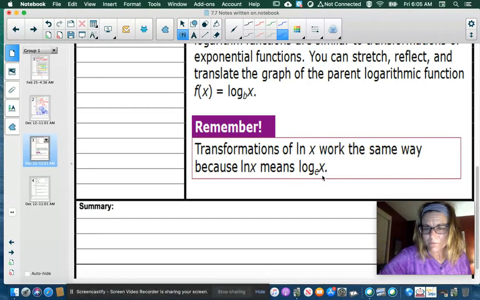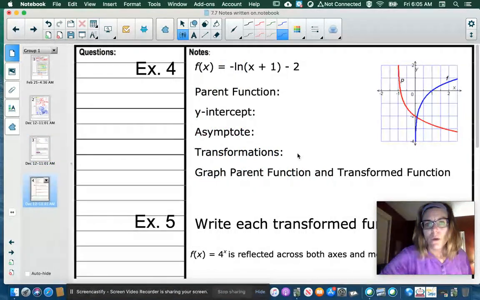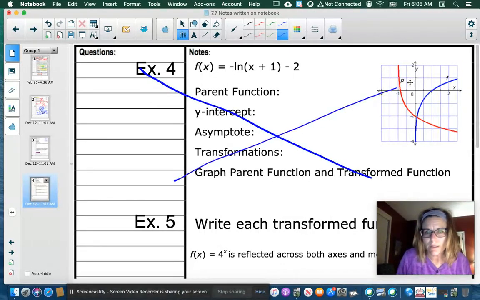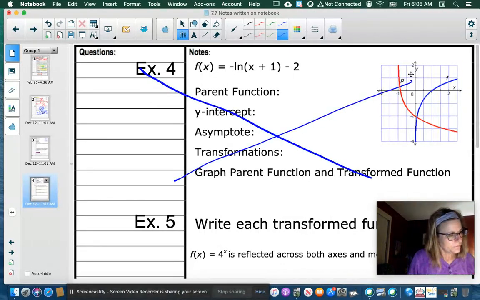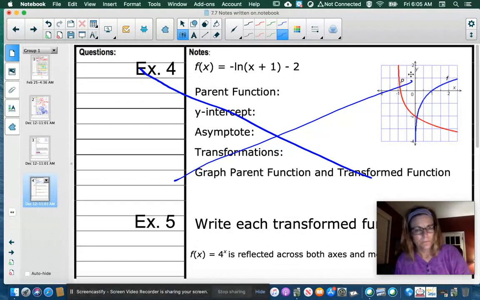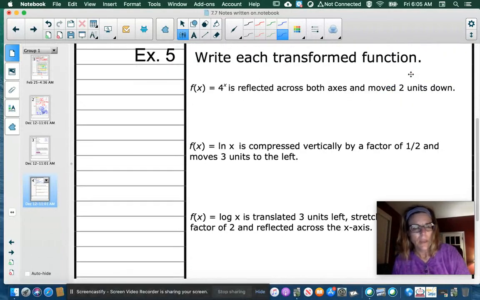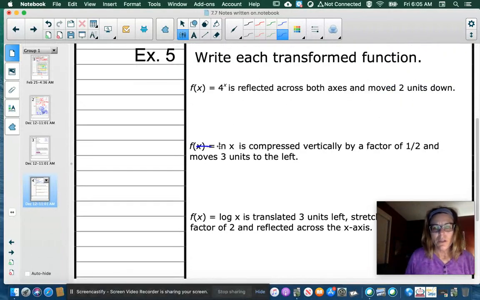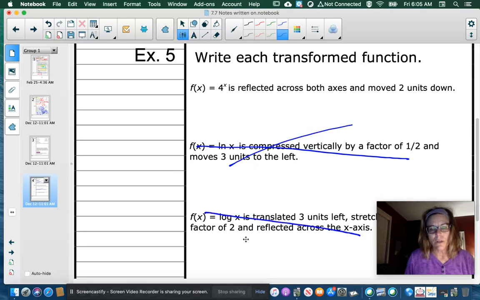However, we are not doing transformations of logs and natural logs, so you can cross that off. And on example 5, you can cross off this one and this one, and we only are going to do this one right here.